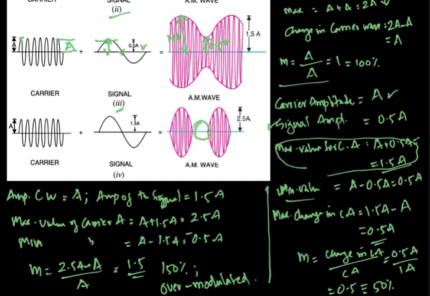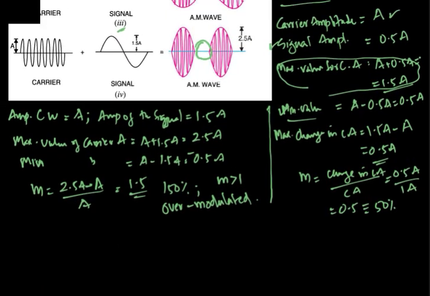But it must be emphasized that if the carrier is over modulated, that is if m is greater than 1, as in this last case, distortion will occur during reception. That is, there is a distortion or loss of signal at these points. So the amplitude modulated waveform is clipped and the envelope is discontinuous. Therefore, the degree of modulation should never exceed 100%.